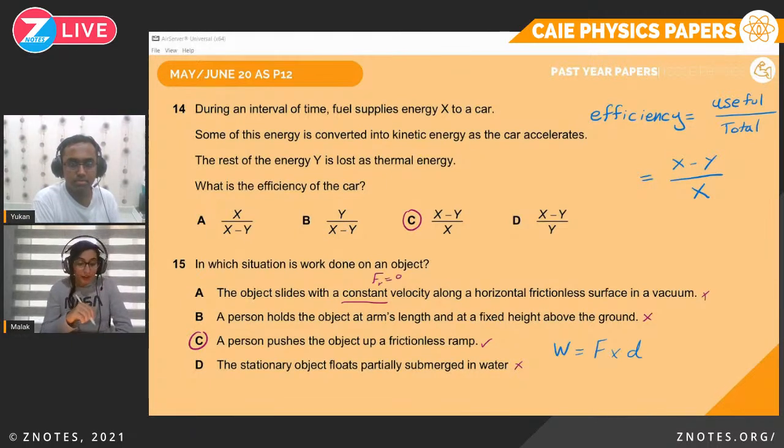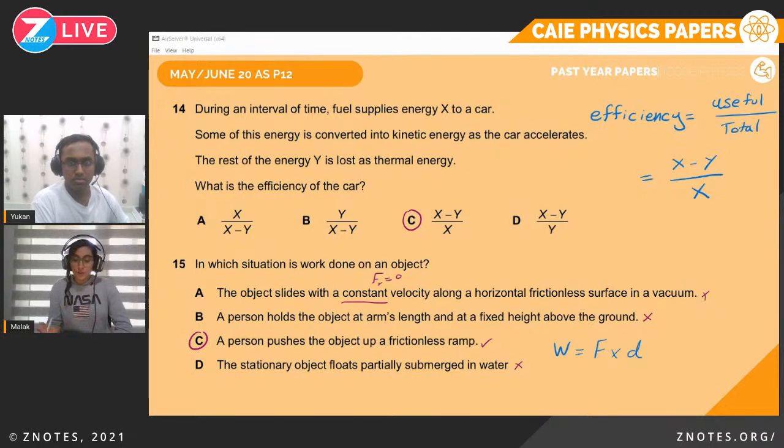During an interval of time, fuel supplies energy X to a car. Some of this energy is converted to kinetic energy as the car accelerates. So this here is the energy we want, the useful energy. The rest of the energy, Y, is lost as thermal energy. What is the efficiency of the car?